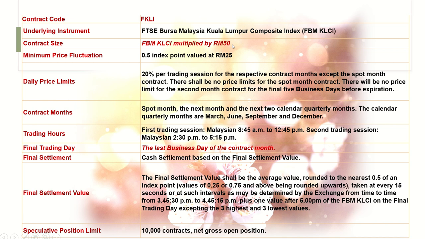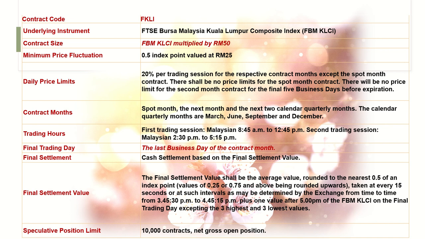What is important for us next is the final trading day. The final trading day for FKLI is the last business day of the contract month. If it is January, the last business day would be 31st January. But if the 31st of January falls on a Saturday, the final trading day for that contract will be on the 30th, a Friday. Why?